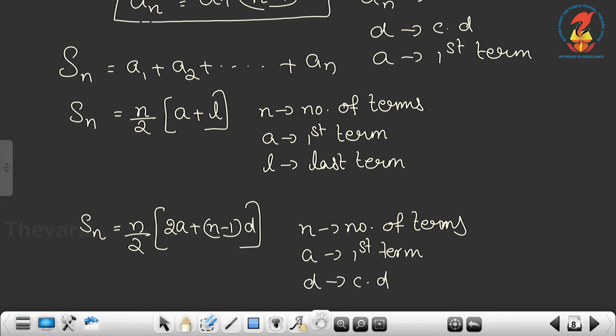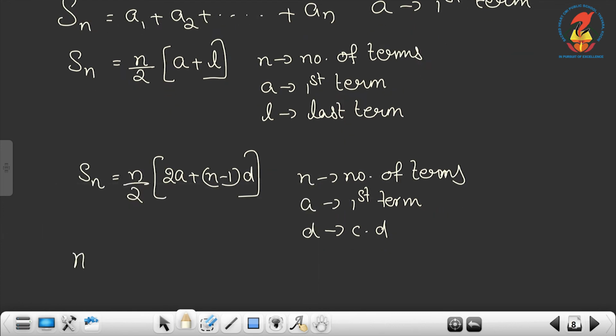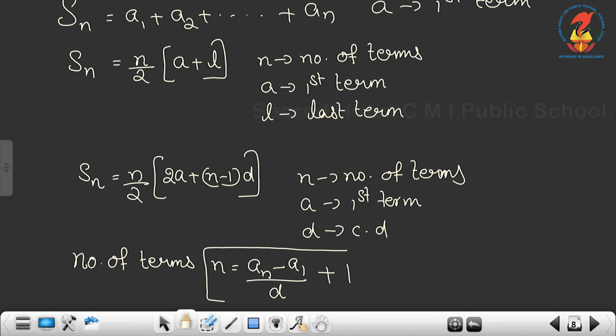Okay. This all you have studied in the last year and we can use this also. Number of terms, direct formula, number of terms n is equal to nth term minus first term by common difference plus 1. This also you can use. Okay.